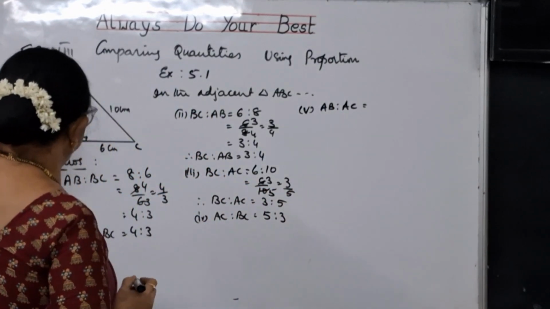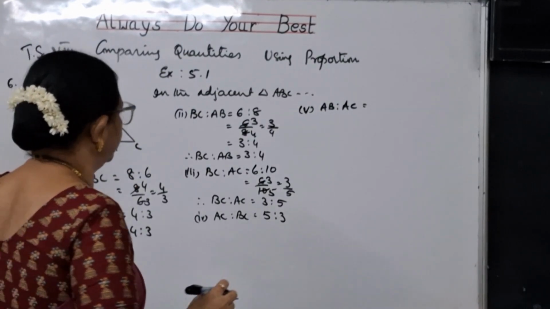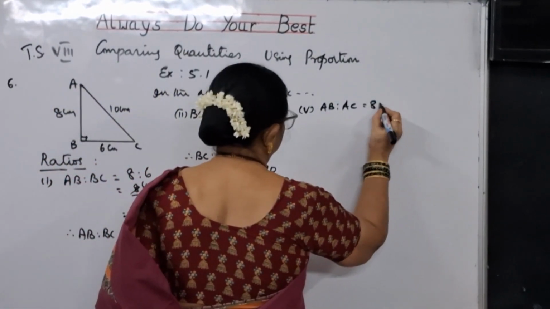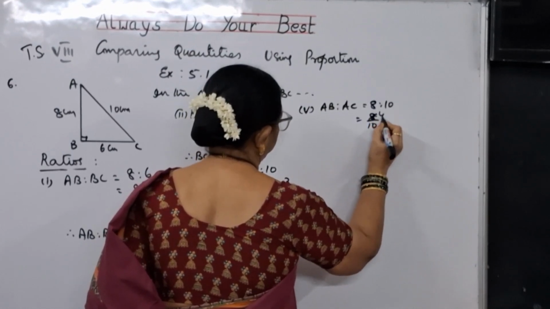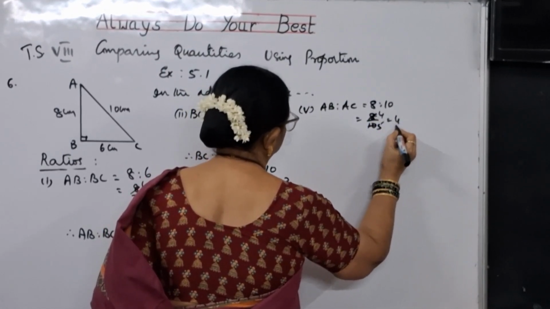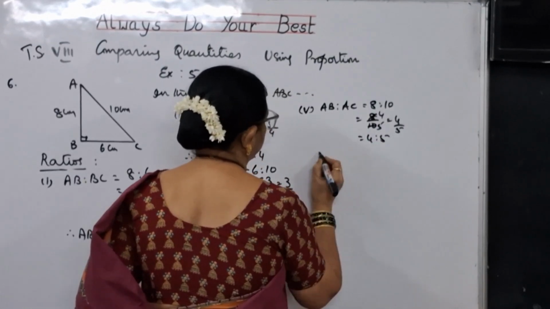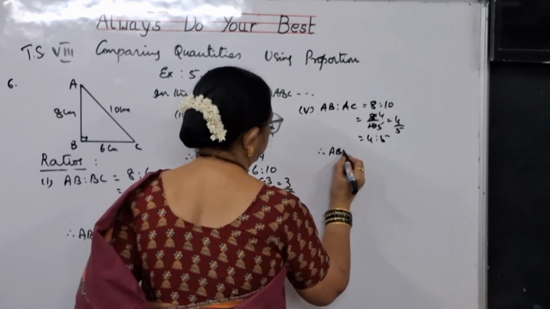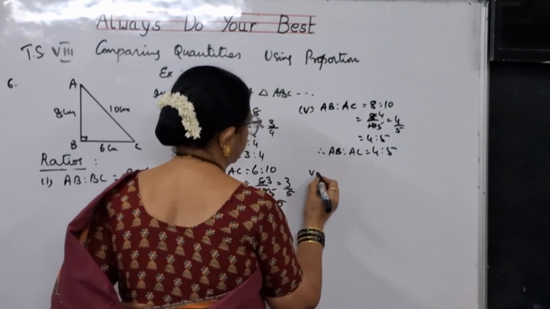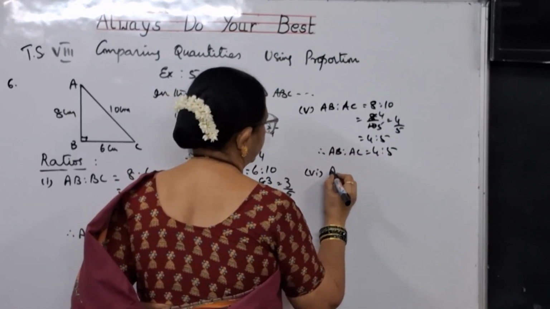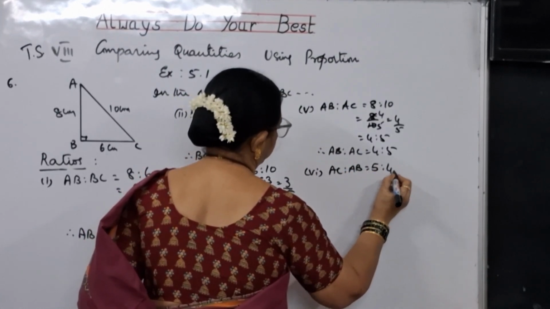AB is to AC is 8 is to 10. That means 8 by 10, 2 fours are 8, 2 fives are 10, so 4 by 5. That means 4 is to 5. Therefore, AB is to AC is equal to 4 is to 5. That means the sixth one, AC is to AB is equal to 5 is to 4.